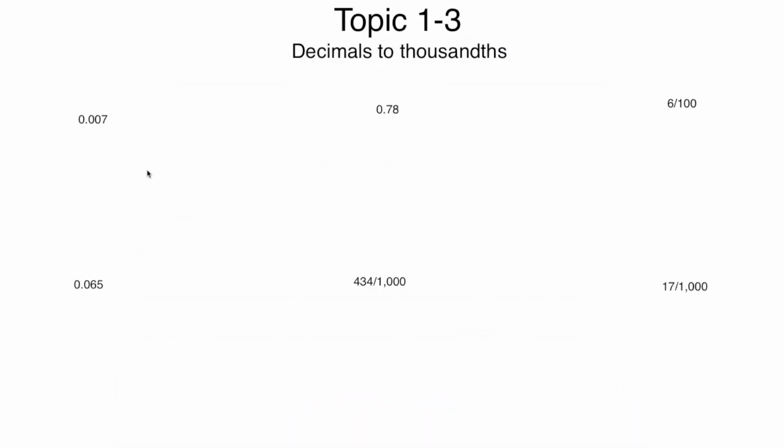Okay, so let's go to this first problem. I want you to write these decimals, this first one, as a fraction. So go ahead and push pause and see what you come up with. All right, so the first place value is tenths, hundredths, thousandths.